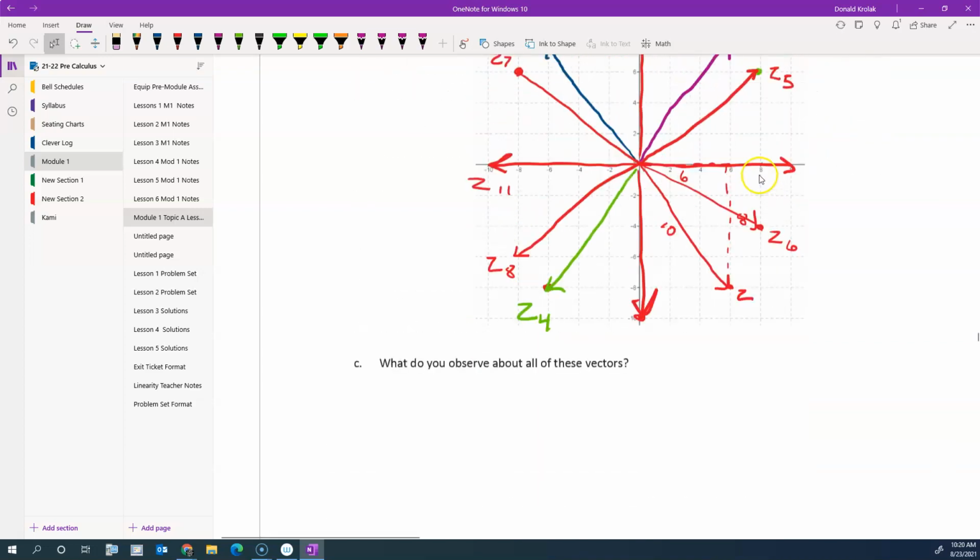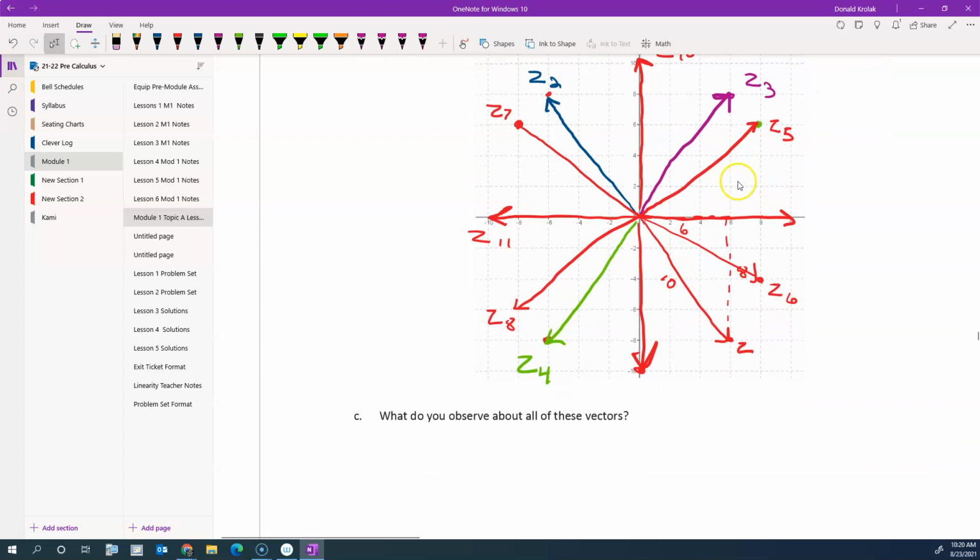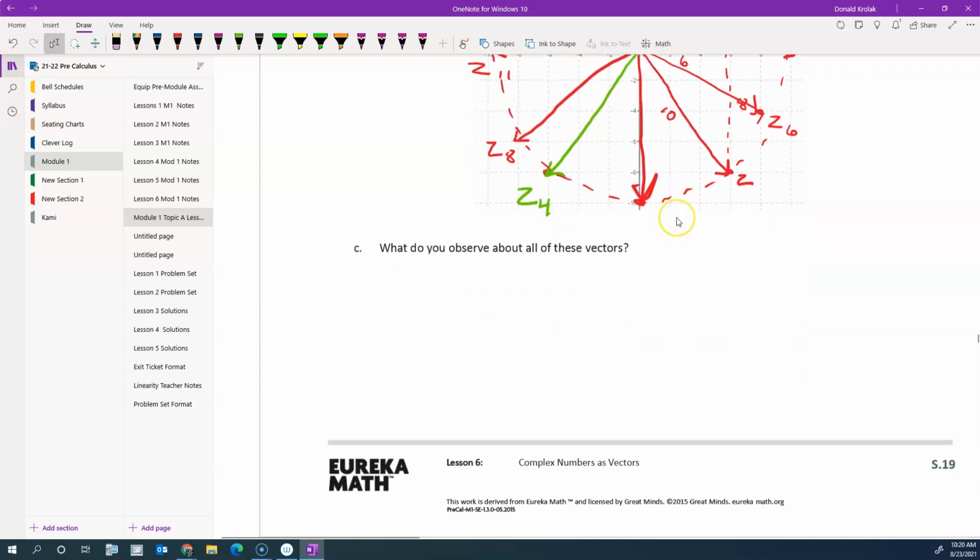Okay, so what do we notice about all the vectors? Yep, they all have a length of 10, so if we connected the tips, we're going to get a circle with the radius of 10.